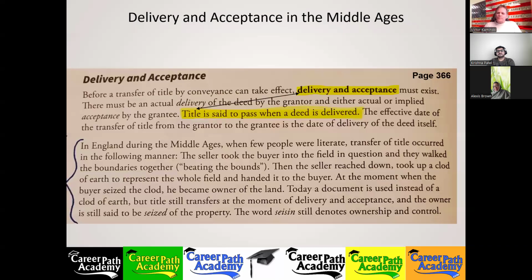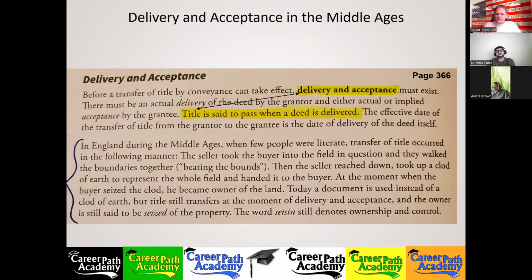The seller took the buyer to the field in question and they walked the boundaries. This was known as the beating of the bounds. Then the seller reached down and took a clod of earth that represented the whole field and handed it to the buyer. At the moment when the buyer seized that clod, they became the owner of the land.